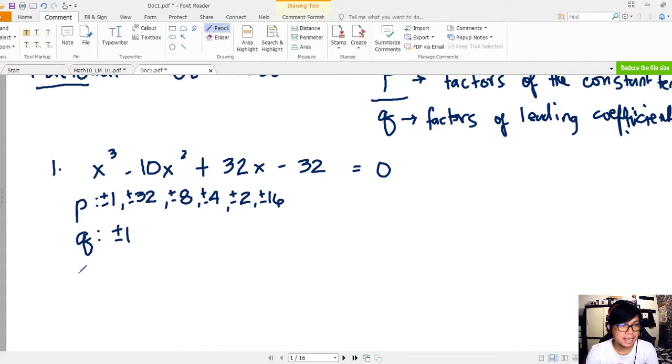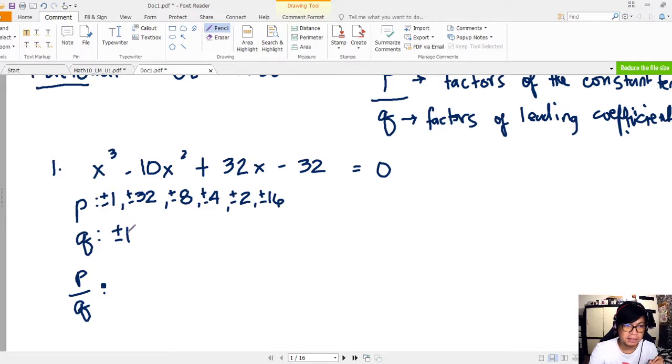Okay, next is the P over Q or the rational root. The possible rational root or yung P over Q. Ang P over Q is yung lahat ng factors ng P divided by 1. So, 1 divided by 1 is 1.